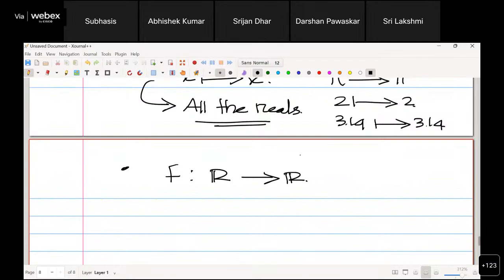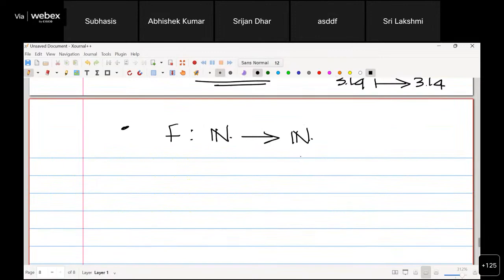This one function. Okay, sir. Let's say natural numbers to natural numbers, where n goes to n plus 1.